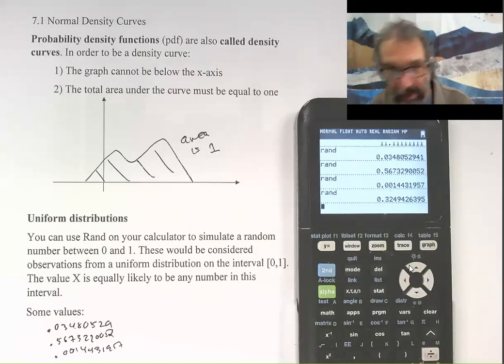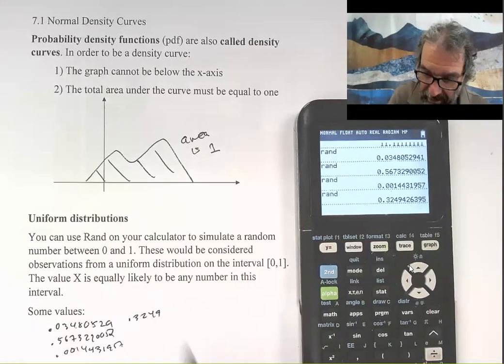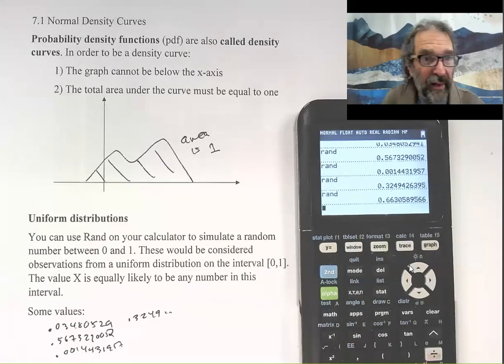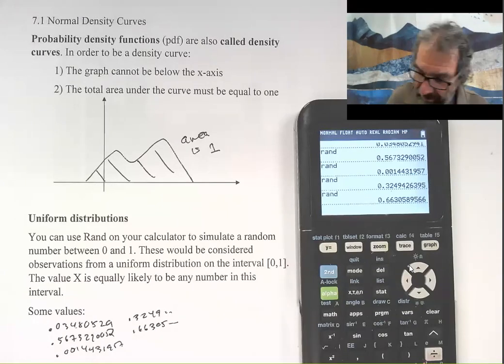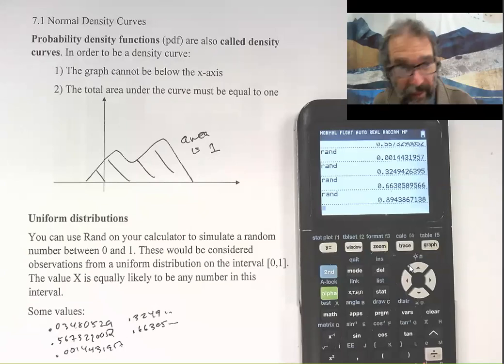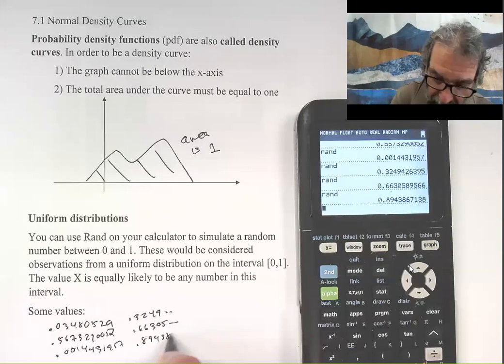Here we go, 0.3249 and so on. Try it again, 0.66305 and so on. And then 0.894386 and so on.